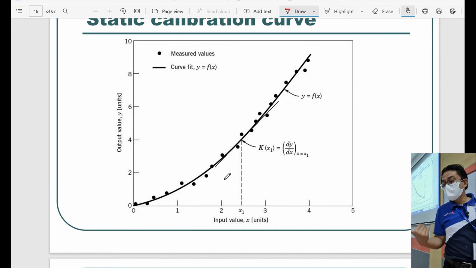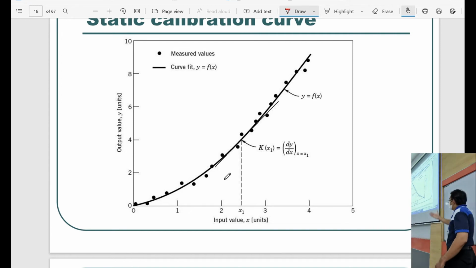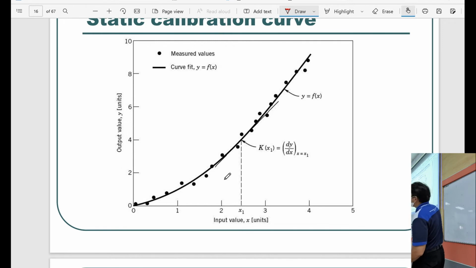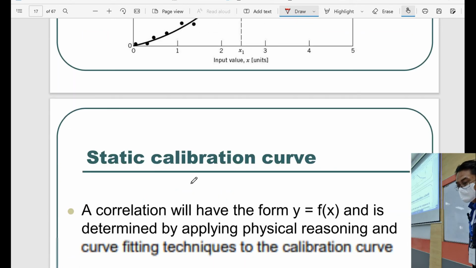From that linear equation, you calculate the gradient. Usually I give you a linear one. If I give you quadratic, I give you a plot, or I just simply give you the equation. If I give you the equation, it's easy, you just find the dy/dx for the equation. You have to differentiate the equation.